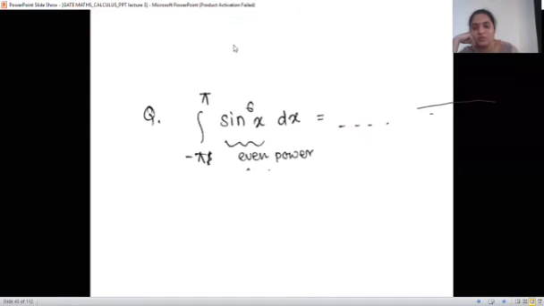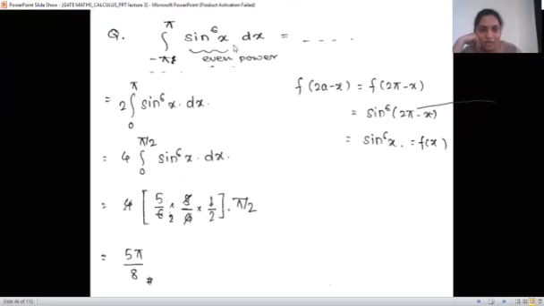It is 2 times 0 to a. So it is 2 times integration 0 to pi of sine raised to 6 x dx. But we have a formula for 0 to pi by 2. So how can you write 0 to pi as 0 to pi by 2?